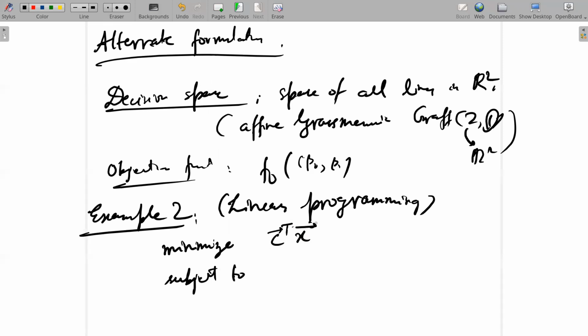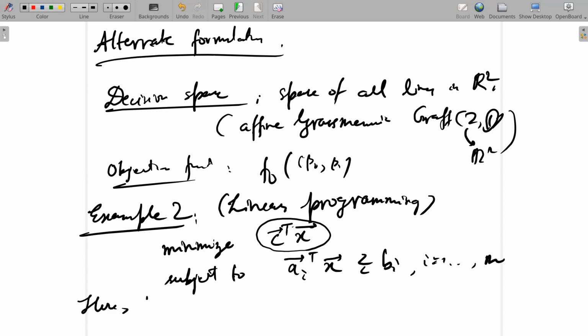Essentially, if x1, x2, through xn are the decision variables or the optimization variables, your objective function is linear in those variables, and the constraints are also something similar. So a_i transpose x is less than or equal to b_i, where b_i is in fact just a real number, for i equals 1 through m.